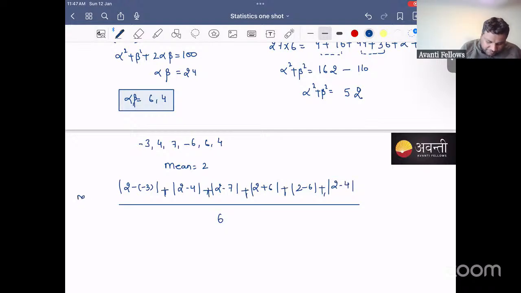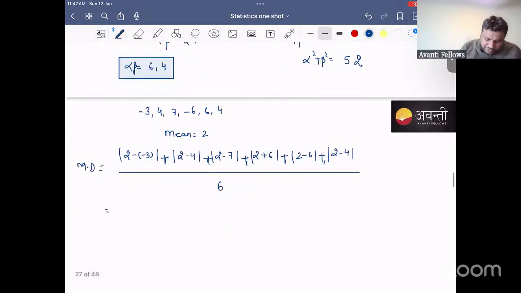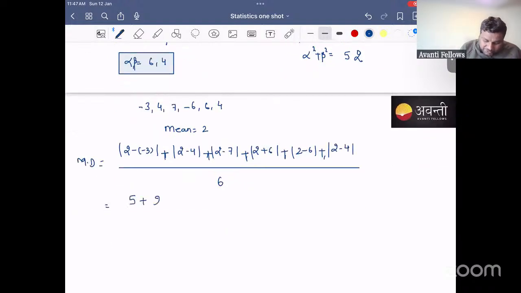And this is what? Mean deviation. So this will be 5 plus 2 plus 5 plus 8 plus 4 plus 2, whole divided by 6.